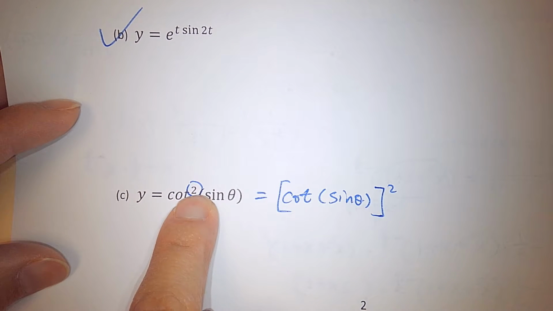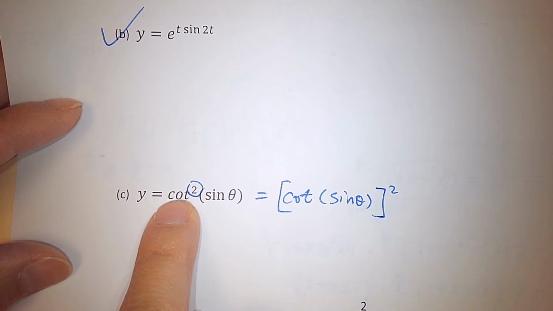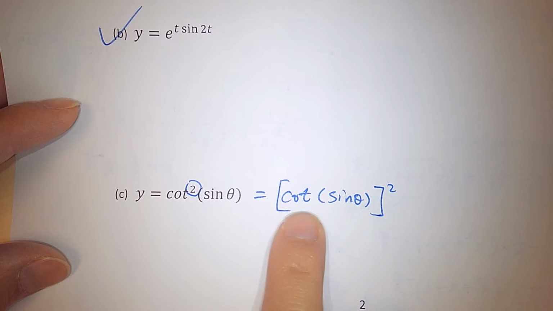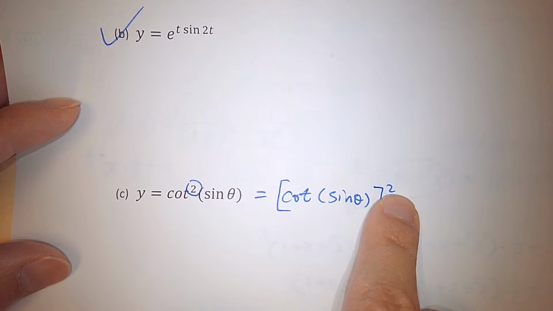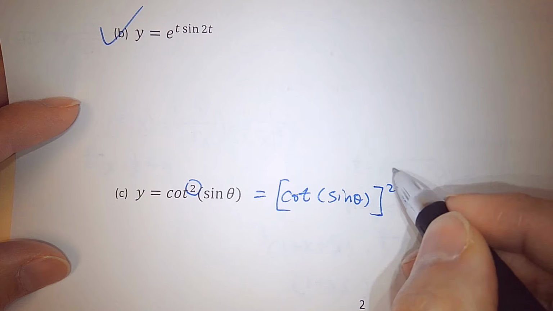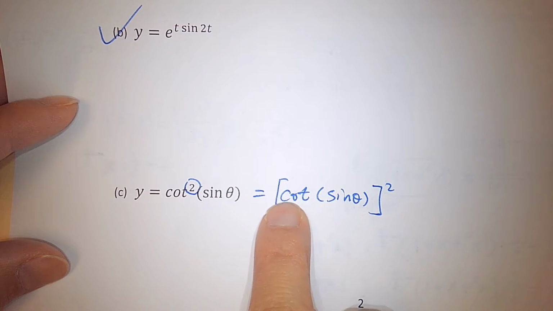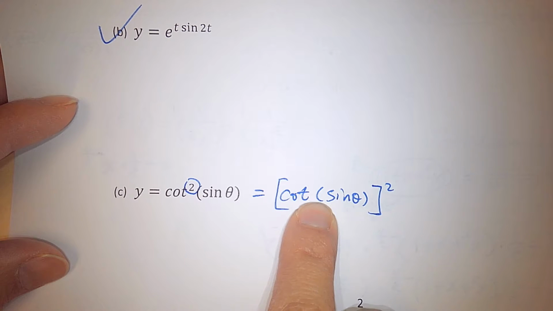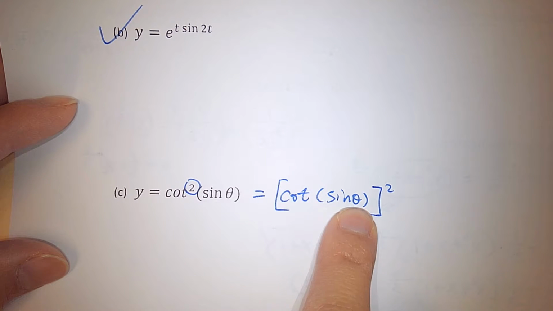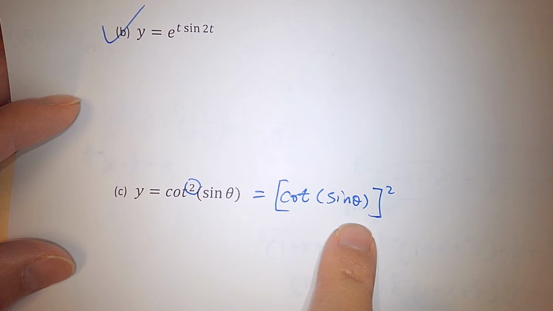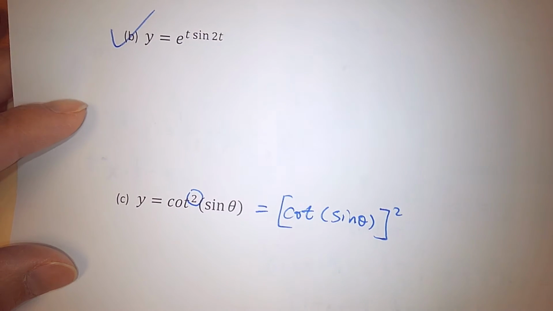When we talk about something squared for a trig function, we write the square here, but you know it is cotangent of sin theta, squared. So the outer layer is what? Square. The middle layer is what? Cotangent. The inner layer is what? Sin. Try this one, okay? Try it.